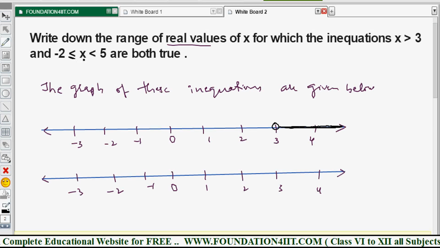And the second one is x between minus 2 and 5, but minus 2 is included. So minus 2, you can take the closed circle. For 5 you should take only open. So all the values between these, just highlight the line.